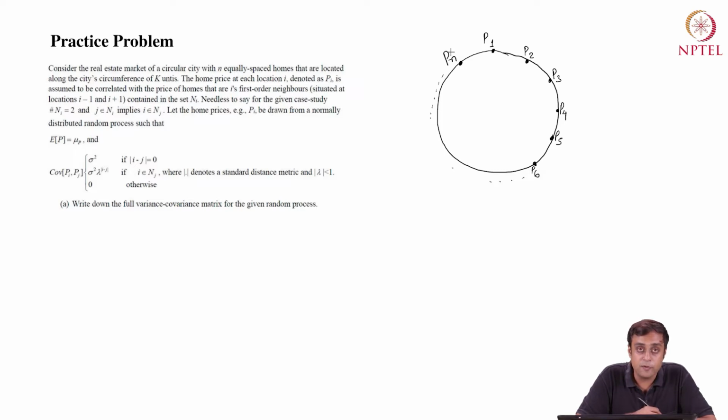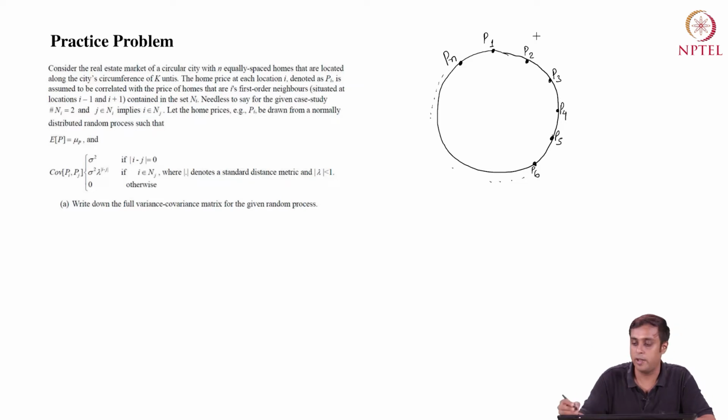Now, these prices are assumed to be correlated with prices of homes that are i's first order neighbors. At any location i, look at the location one step in the clockwise direction and one step in the anti-clockwise direction. So for every i, we look at location i minus 1 and location i plus 1.